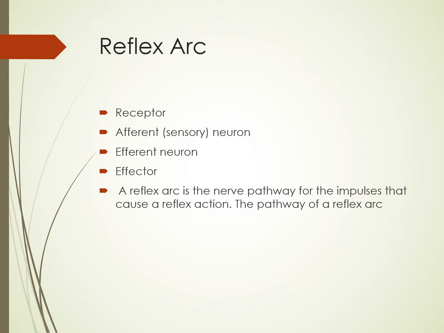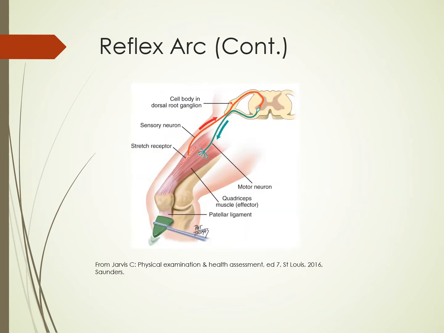We're ensuring that that reflex arc is intact and there isn't anything impeding the flow. And this picture illustrates how if we use a hammer to hit the patellar tendon, that ligament, it causes an impulse from the nerve and it causes the leg to jump.